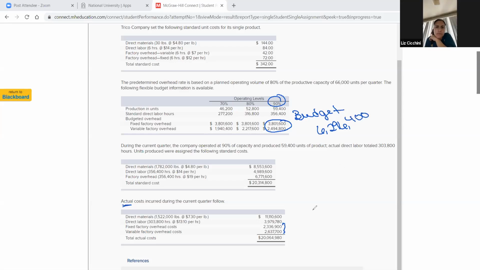And for down here, if you add 2,336,900 plus 2,637,700, you get 4,974,600.